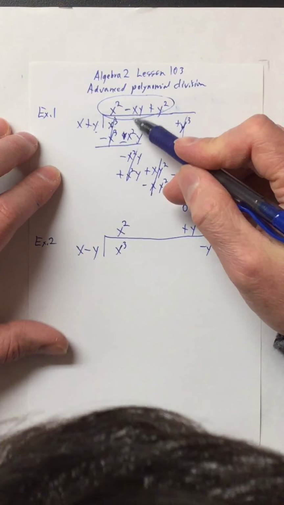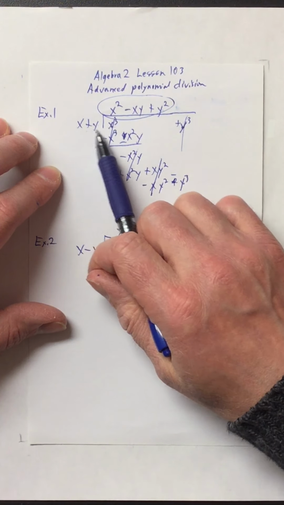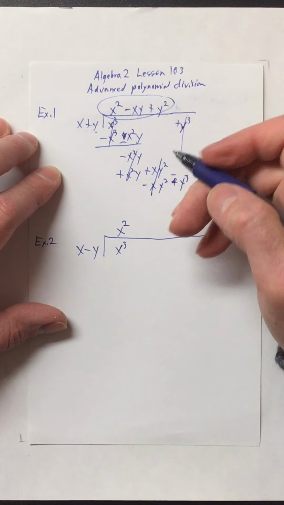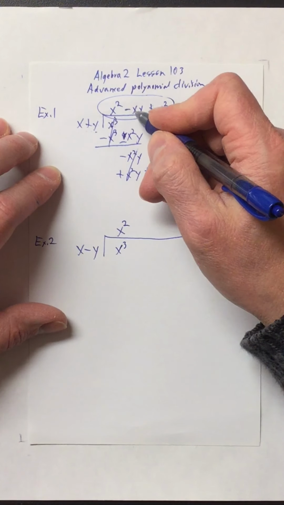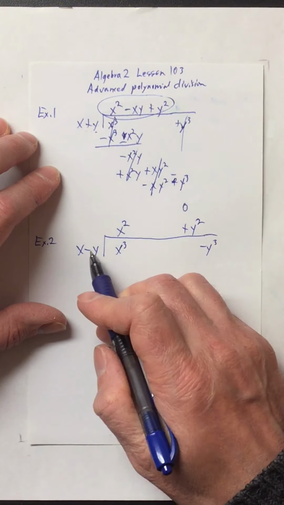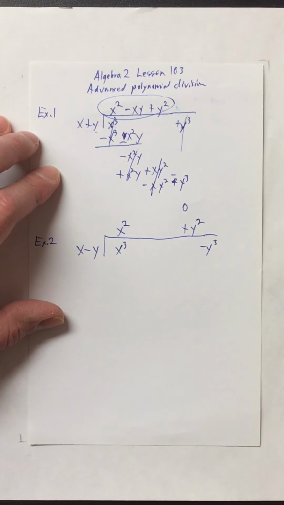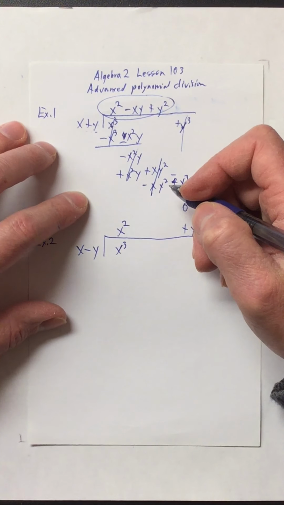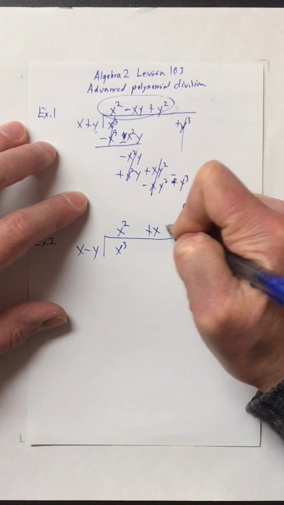Then, if we look in the middle here, if we combine both of these, x and y, and then flip the sign, we would get negative xy there. If we multiply both of these, we get a negative xy, but if we flip the sign, we get a positive xy.